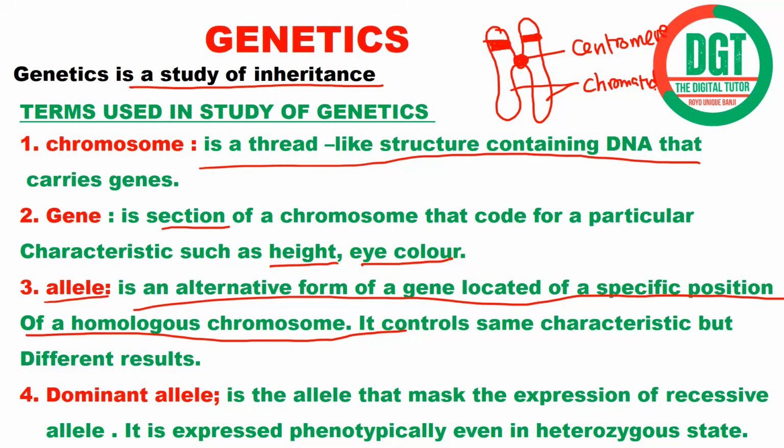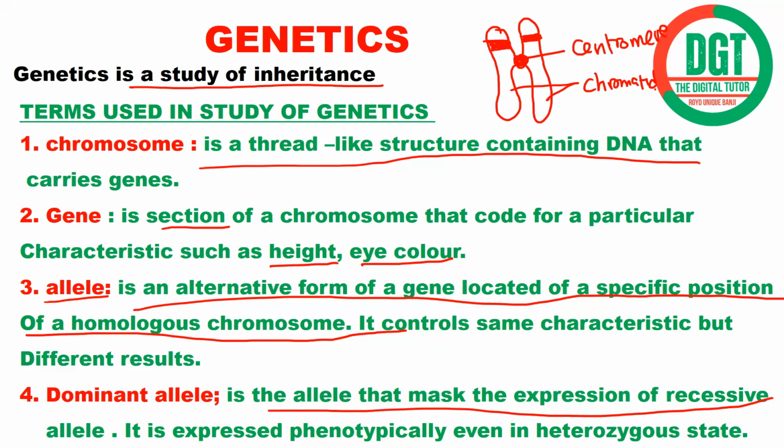Where there is a dominant allele, it is the one that determines the phenotype. The dominant allele masks the expression of the recessive allele, and it is expressed phenotypically even in the heterozygous state.